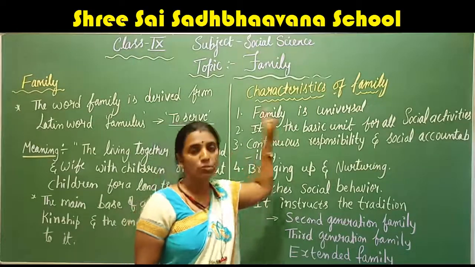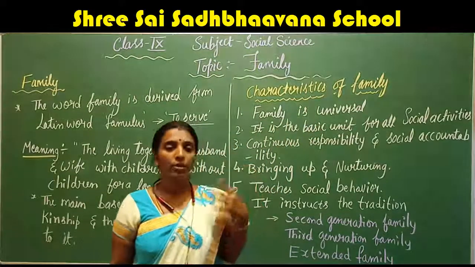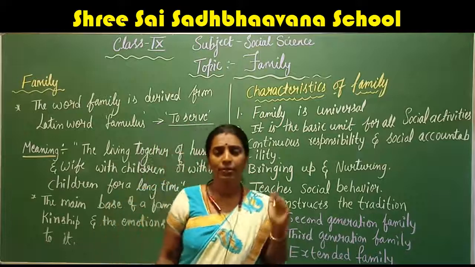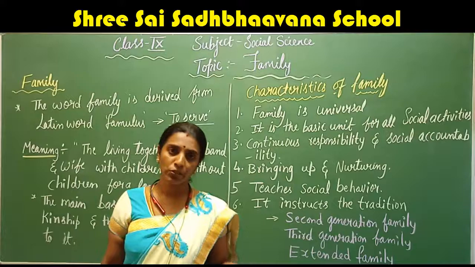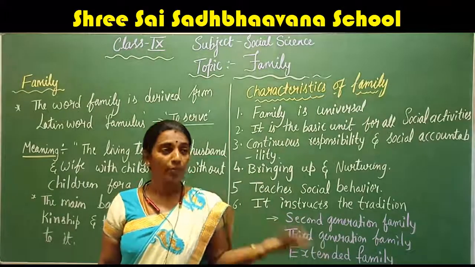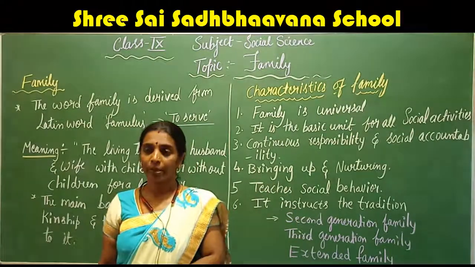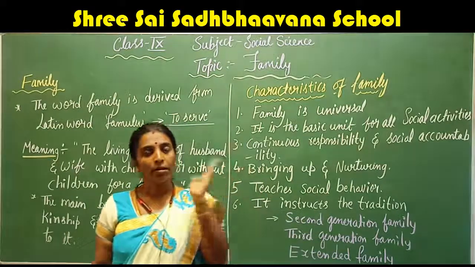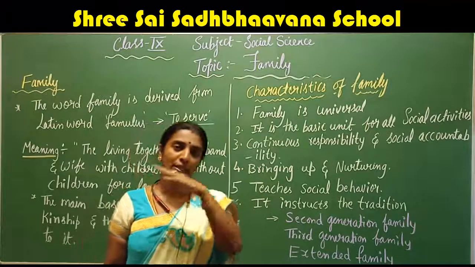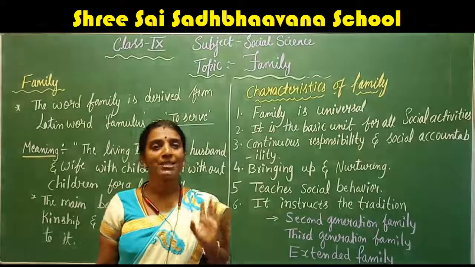So family is universal. They may be geographically different from one country or region to another, and the time may differ, the ancient world or the modern world, but family is there.